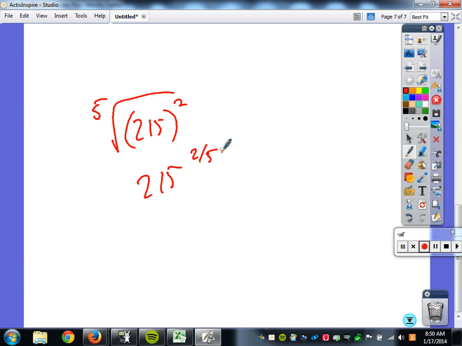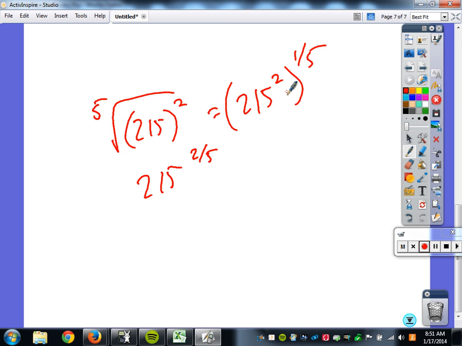Can anybody explain why the 2/5 comes about? Well, because this is a 5th root, right? So I could write this as 215 squared to the 1/5. And what do we do on a power to a power? We multiply. What's 2 times 1/5? It's 2/5.